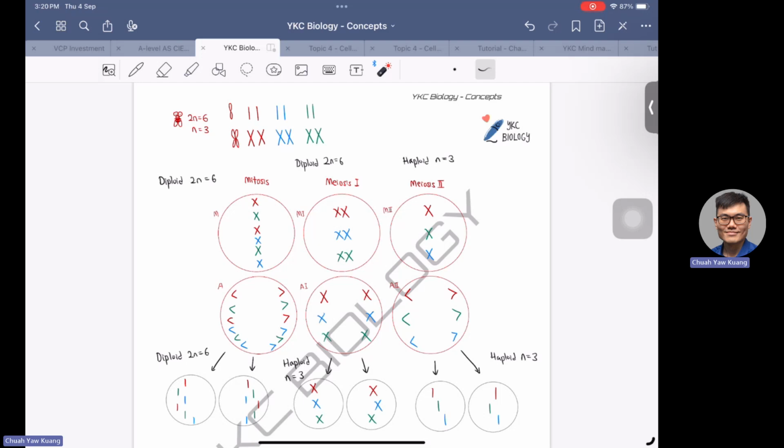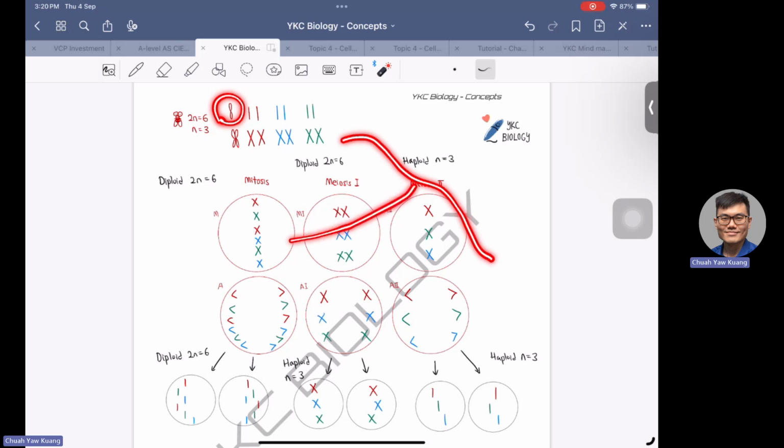Before going further, we'll talk about the basic concept first. When counting the chromosome number and DNA content, we need to look at the type of chromosome that occurs. This type of chromosome is formed by the DNA before replication. So before DNA replication, it is just one strand of DNA.